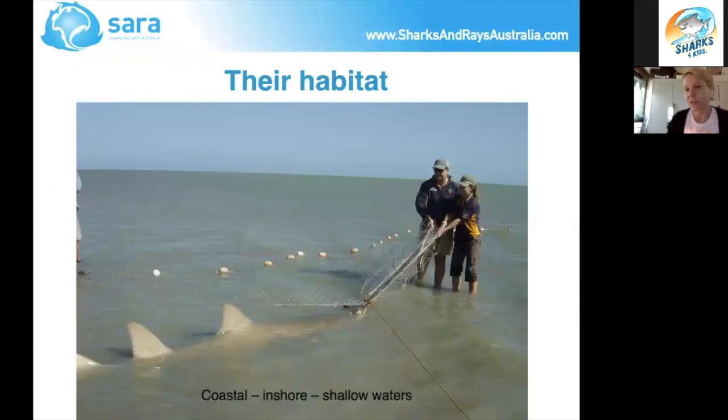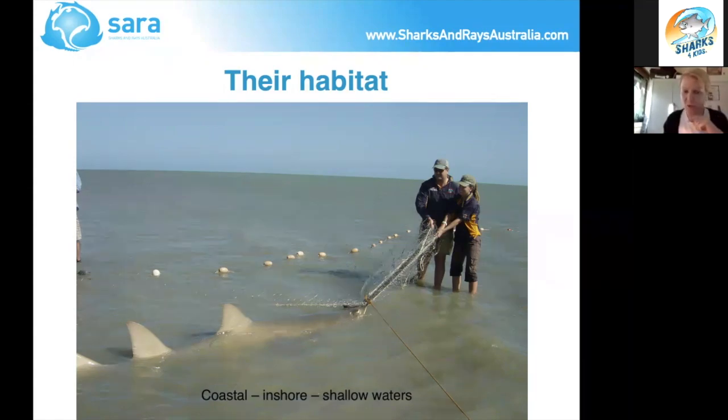Now, one of the reasons why these animals are endangered is because their habitat is in coastal, shallow, inshore waters. So basically, coastal regions in the tropics and subtropics where you have mangroves and muddy bottom, maybe sandy bottom, but they can go into really shallow waters. And so when you look at this animal here, this is a green sawfish.